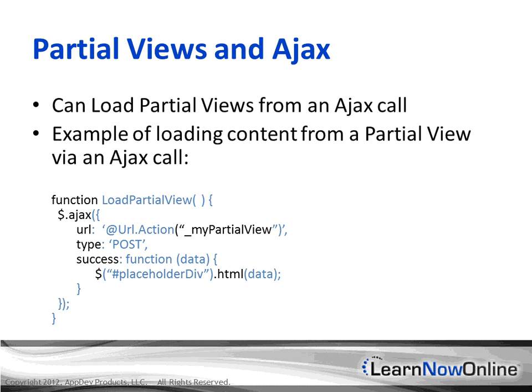The type we're doing is a post, and then on the success of that we are expecting data to return to us, and then we're going to take that data and put it in a div that's named placeholderDiv as its HTML. So this is an example of being able to actually call a partial view and load it asynchronously into your main view's page somewhere on the page, like within a div.